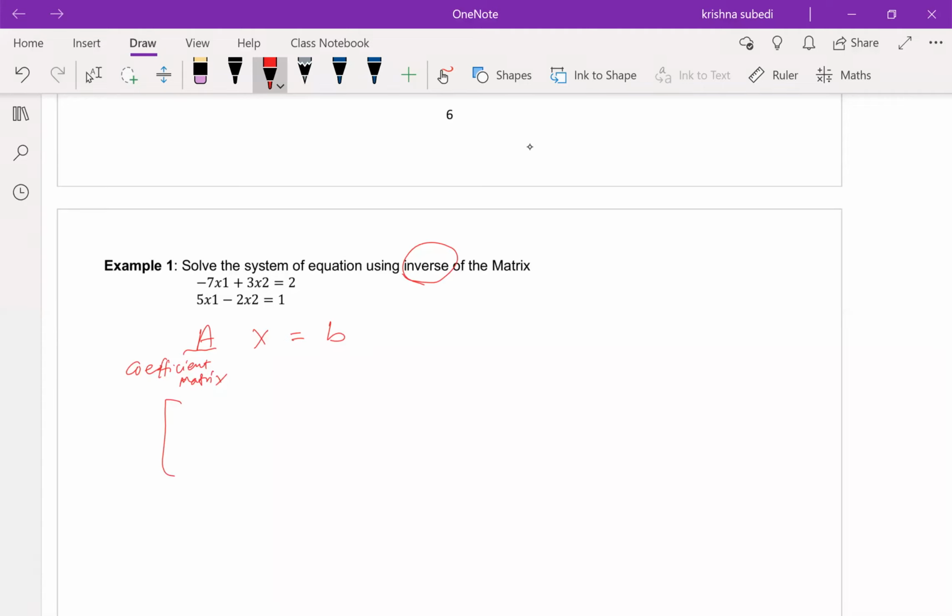So the coefficient matrix will be -7, 3, 5, and -2. X means there are two unknowns, x1 and x2. And B means the constant terms, 2 and 1. So I write the equation in that form, Ax equals B form.